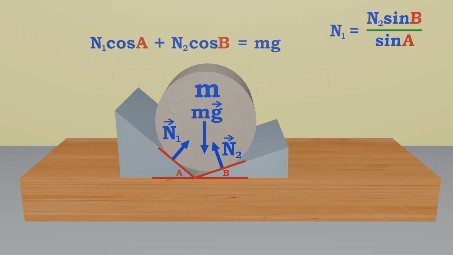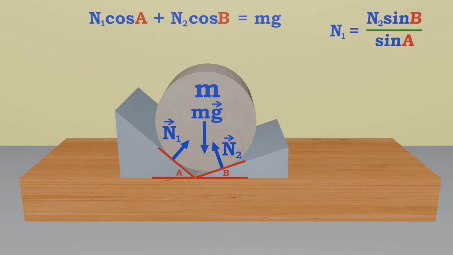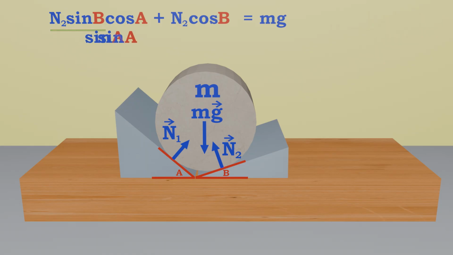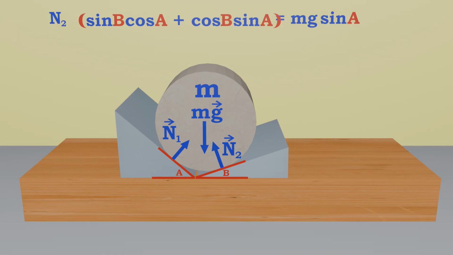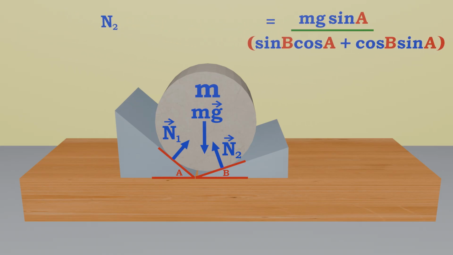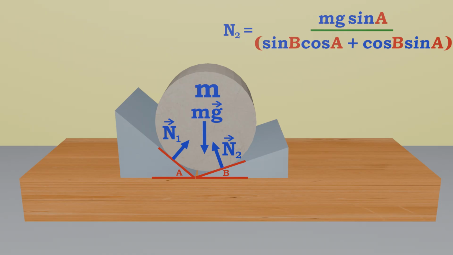N1 equals N2 sine B divided by sine A. Third, we substitute the expression for N1 into the second equation to find N2. Finally, we substitute N2 into the first equation to find N1.